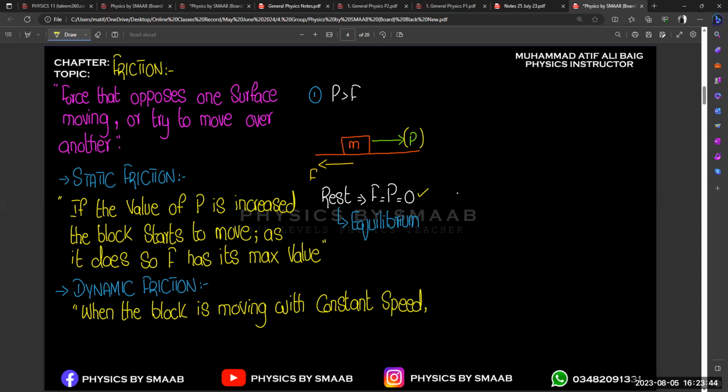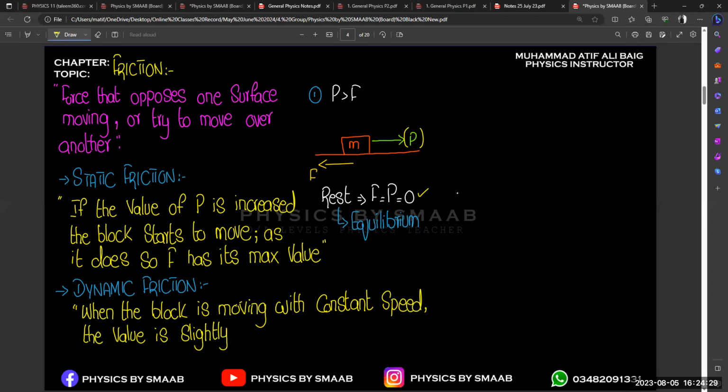We know that we are moving with constant speed, so all forces are equal and opposite, but if we consider the direction, it tells you that body is moving towards right hand side, and this gives you the concept that the friction is slightly less as compared to the value of static friction, right? So we complete this statement like this: when the body is moving with constant speed, the value is slightly less, not a very large difference between initial friction and final.